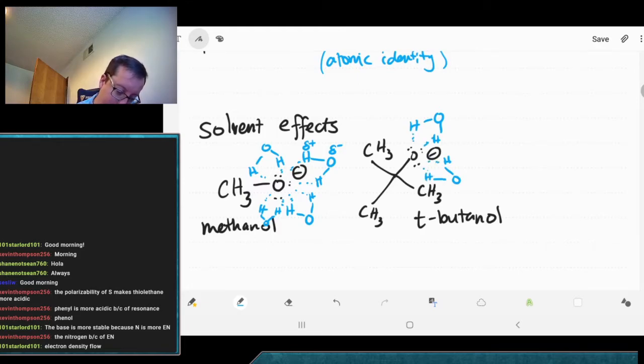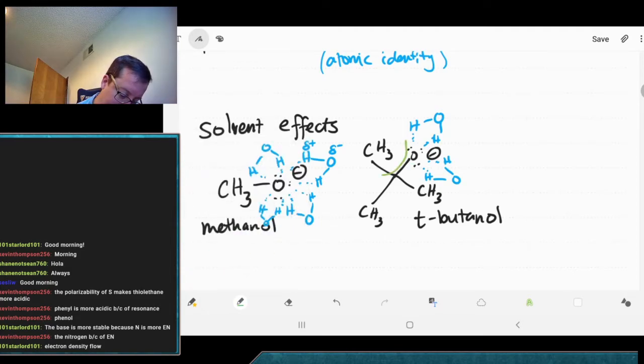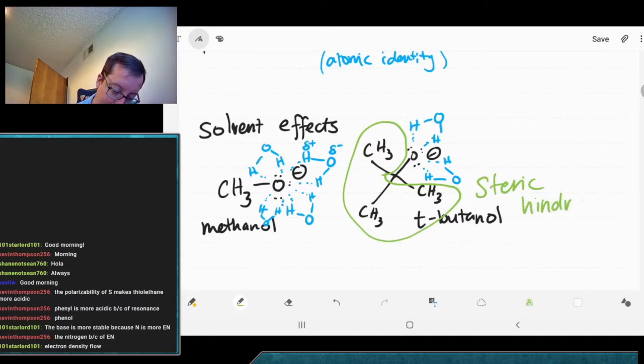With this one, because of what is called steric hindrance, all these groups are blocking more water molecules from coming in. So we have this bulky T-butanol. It's bulky. It's got a lot of stuff on it.